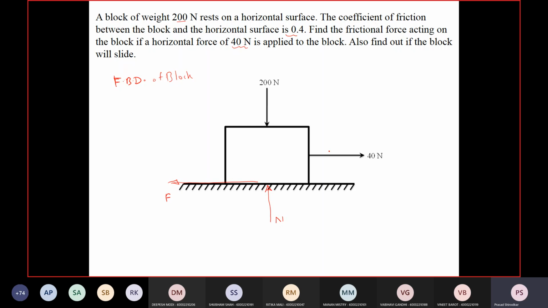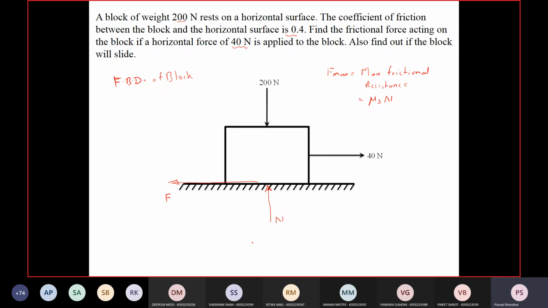Correct. So what is the maximum frictional resistance F max? F max is the maximum frictional resistance offered by the block, and F max will be given as mu static into N.